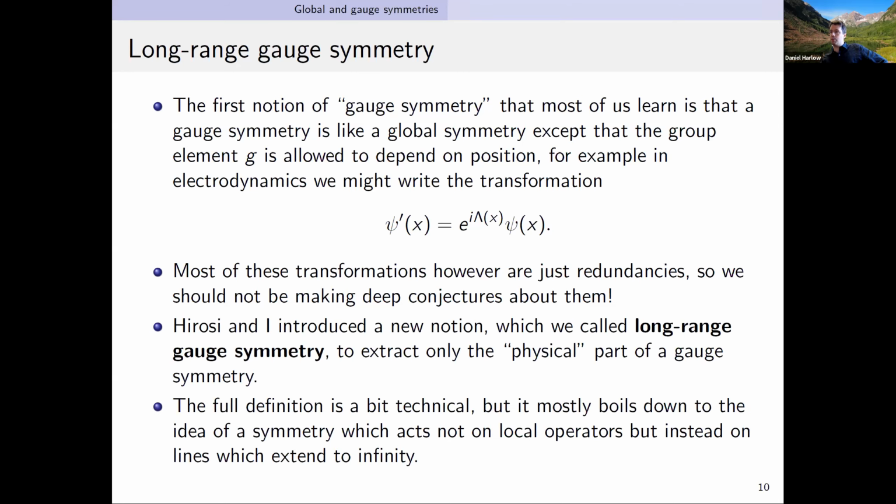The full definition is a bit technical, so I'm not going to go through it in detail, but I'll tell you the basic idea in the next few slides. Instead of thinking about a symmetry which acts on local operators, as the global symmetry did, you should think about a gauge symmetry, or really a long-range gauge symmetry, as a symmetry that acts on lines that extend to infinity.